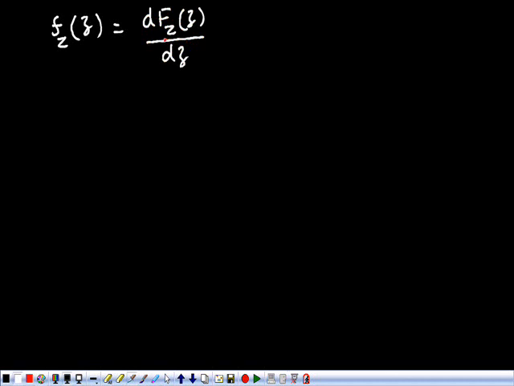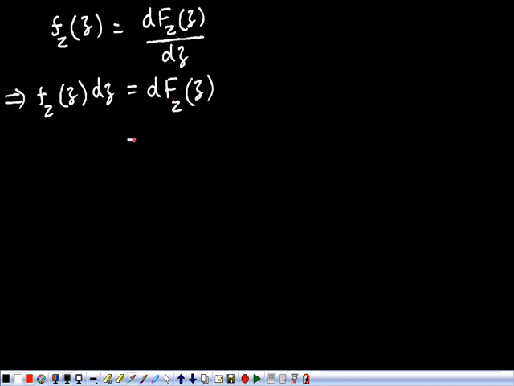Is it right? From this you can write f_Z(z) multiplied with dz is equivalent to dF_Z(z). So here the product of f_Z(z) and dz is a small differential.